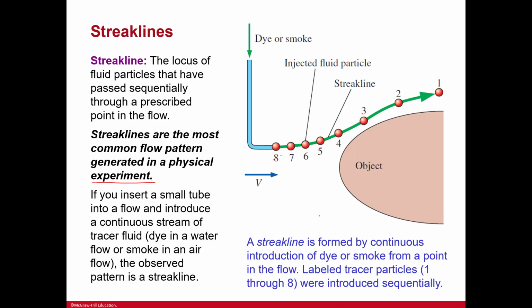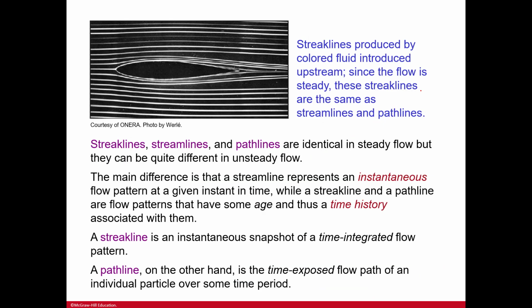Okay, and then here again, a streak line is formed by a continuous introduction of dye or smoke at a point in the flow, and it's labeled. Tracer particles 1 through 8 were introduced sequentially, and so you can see those along that streak line.